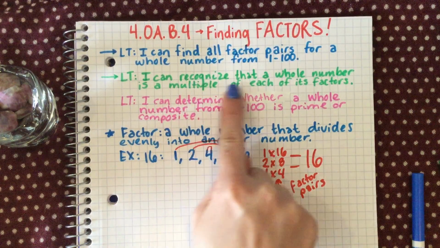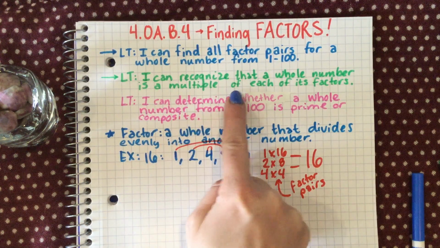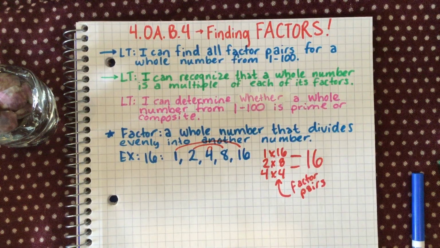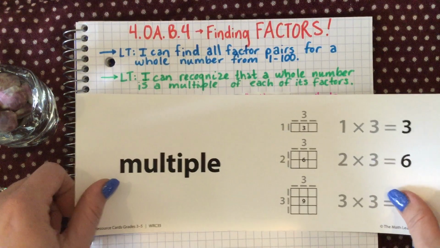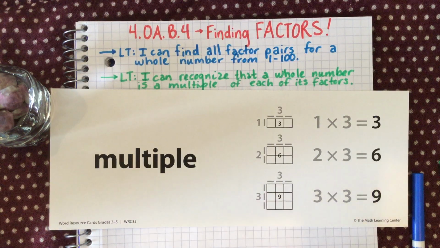I can recognize that a whole number is a multiple of each of its factors. So let's come back to our vocabulary and talk about what a multiple is. Take a look at this image for a second. What do you notice about this image right here that tells you what a multiple might be?